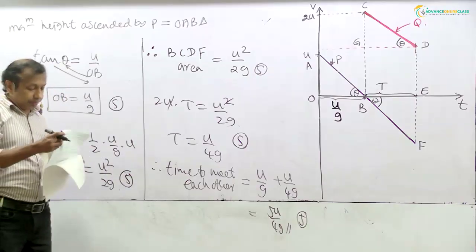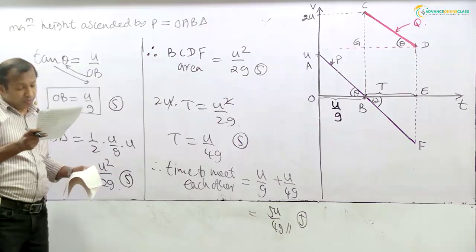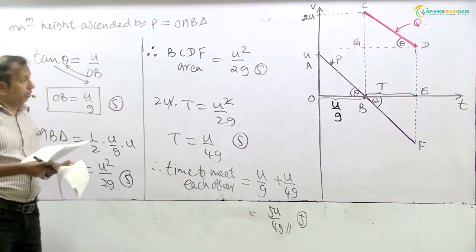What is the next question asking? Velocity of Q at the meeting point.